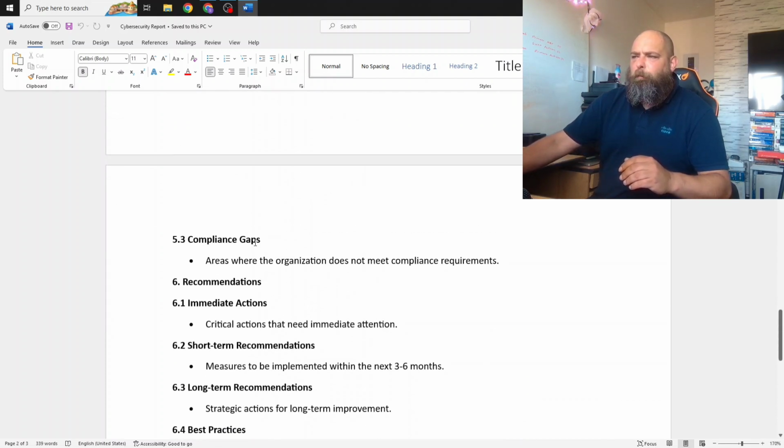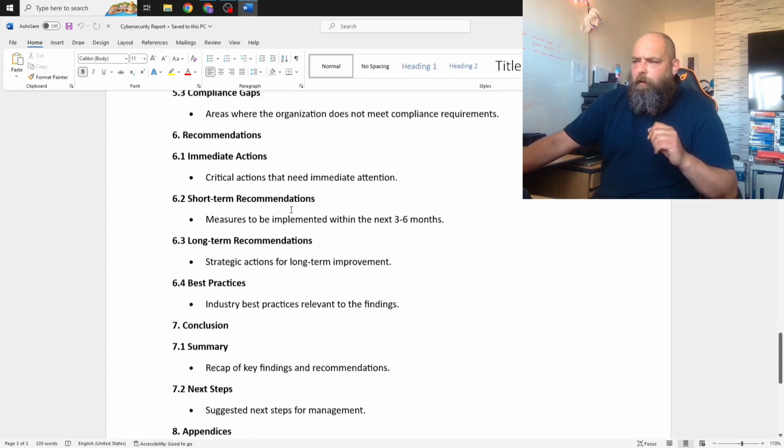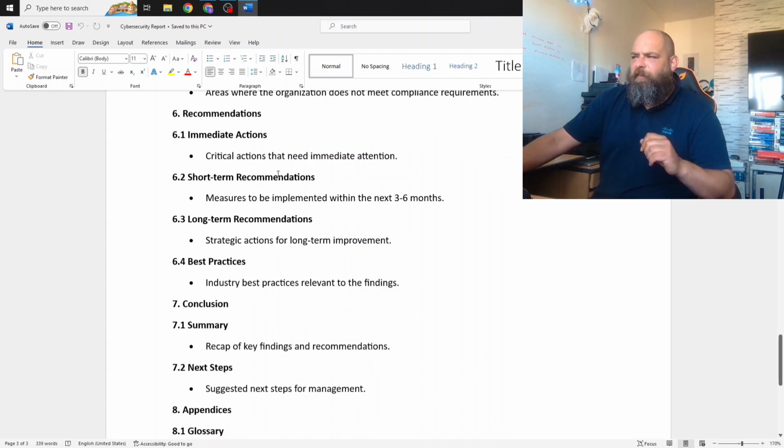5.3 sees us with compliance gaps, such as areas where the organisation does not meet compliance requirements. Reasons for that would have to be given. 6 is recommendations. So 6.1 is immediate actions, such as critical actions that need immediate attention. 6.2 sees us with short-term recommendations, measures to be implemented within the next 3 to 6 months.